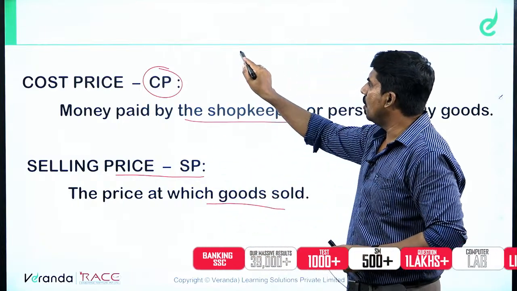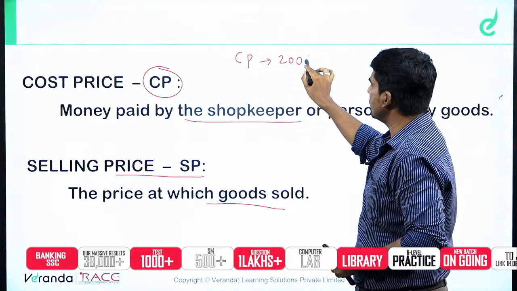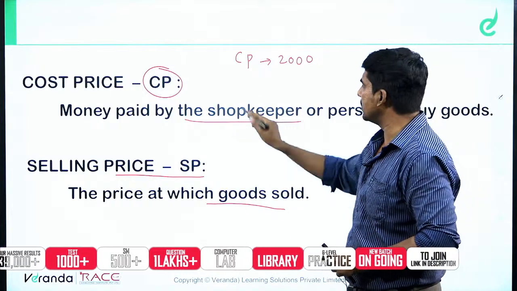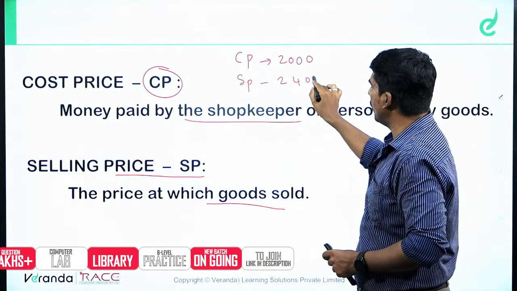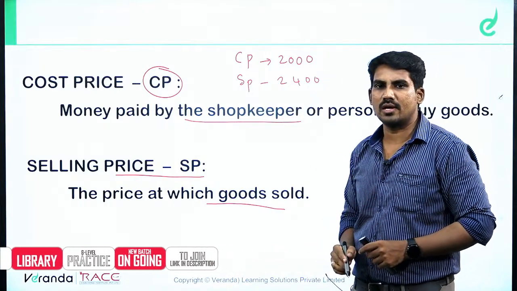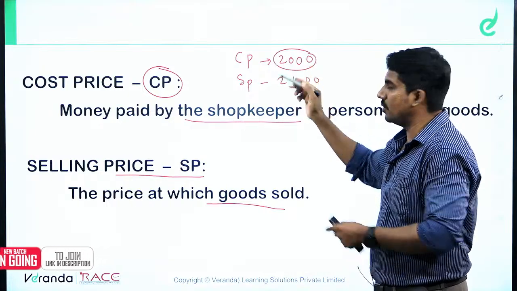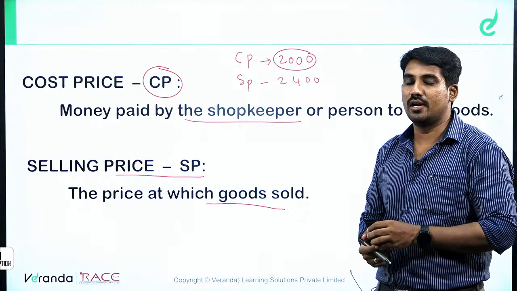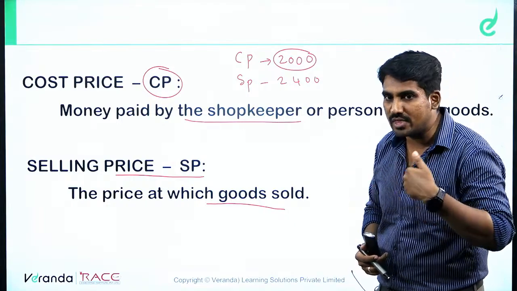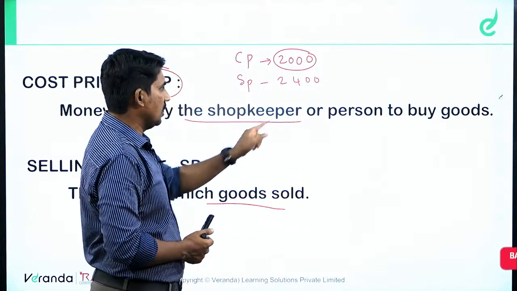Now listen, one person bought an article for 2000 rupees and he sold the article for 2400. He gave only 2000 and purchased it, but while selling, he sold it for more money, 2400.